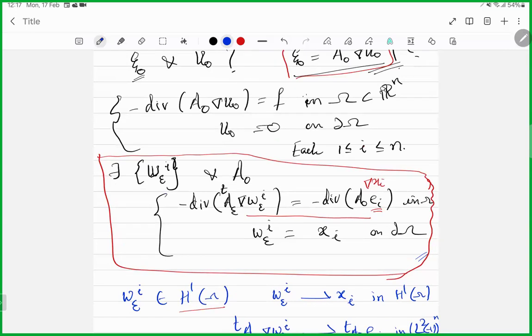Yes, I have not come to that proof yet. I don't know A naught both. Fine. I'm going to construct. Yes. If you want, I can explain. I can go to that proof now.